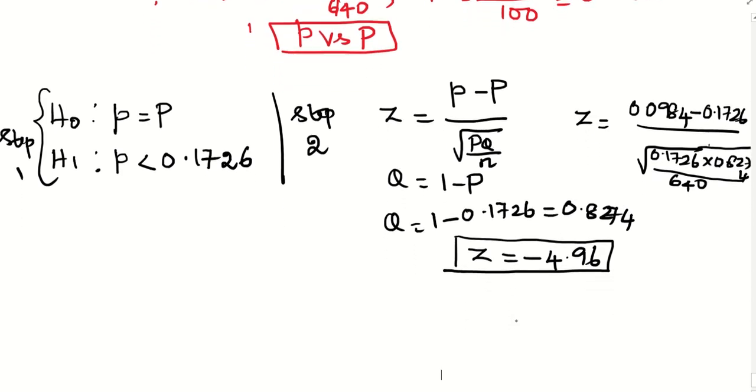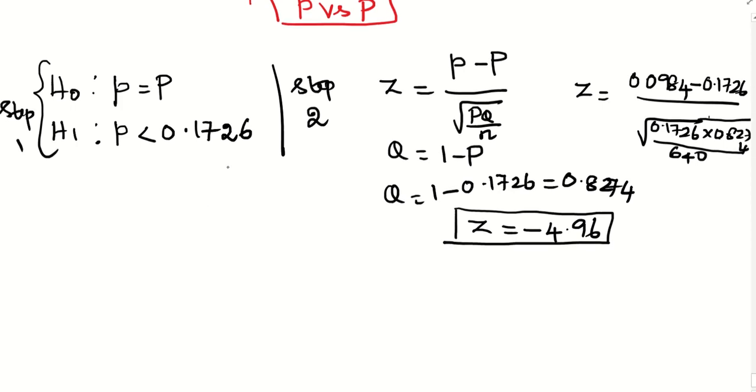Now the next step will be step 3. In step 3 we have to fix the level of significance. The level of significance might be either 1% or 5%. 1% will be a high confidence threshold and 5% will be a standard threshold we can keep. So now for our problem, let me keep it as a standard threshold.